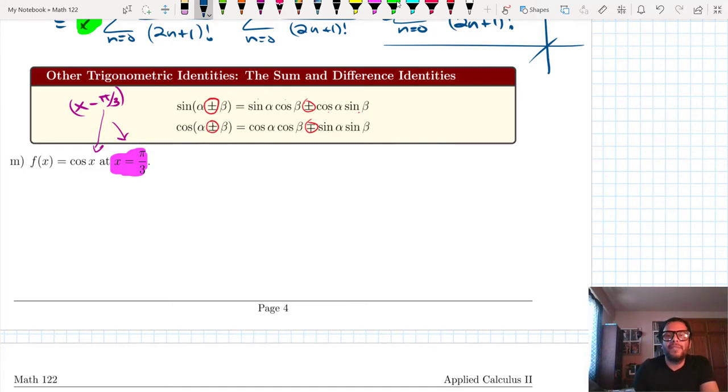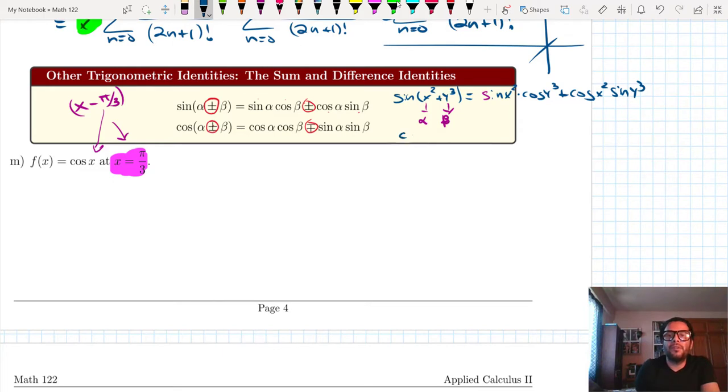Suppose we have sine of x squared plus y cubed. This is our alpha, this is our beta. So this is going to be sine alpha, which is x squared, sine of x squared, cosine y cubed, plus cosine alpha, which is x squared, sine beta, which is y cubed.